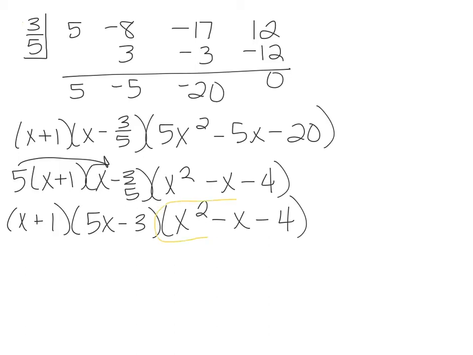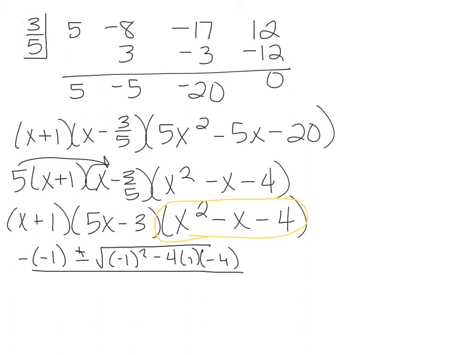Unfortunately, there's no combination to factor that, so I have to use the quadratic formula. Negative b plus or minus the square root of b squared minus 4 times a times c, all over 2a.